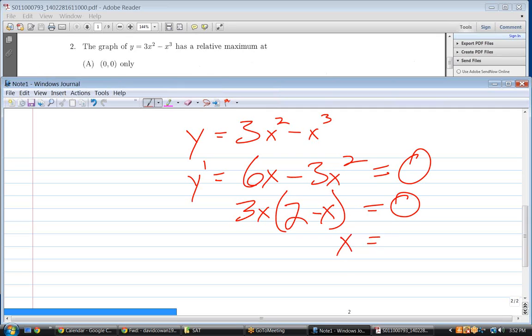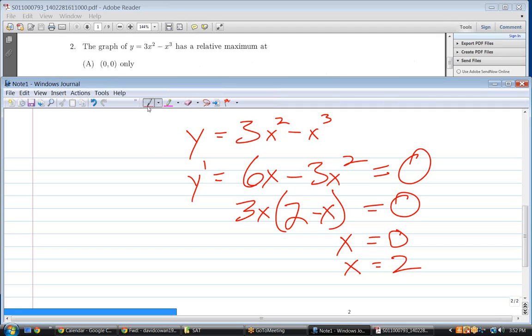So what are they? 0 for this one. And 2 for this one. Now, that's what we would expect with a cubic.